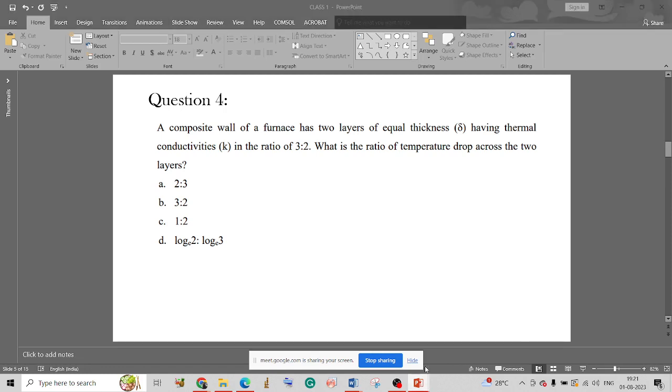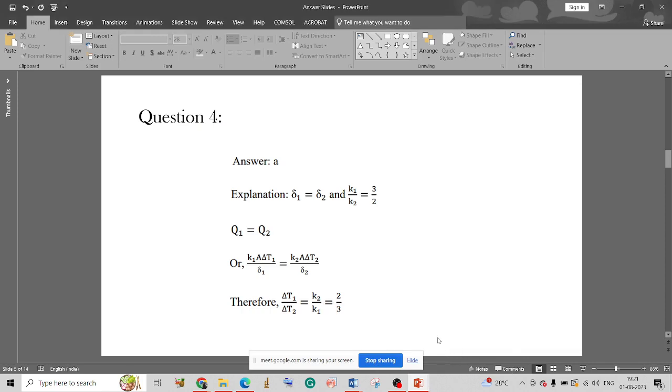So as the heat entering and leaving both surfaces is the same, we can equalize, and by Fourier's law, we know that Q is equal to K1 A delta T upon the thickness.